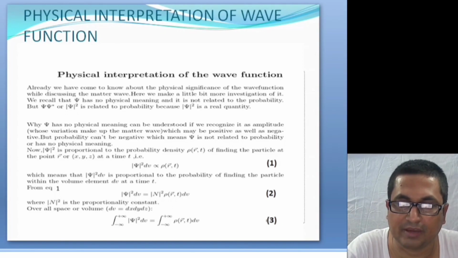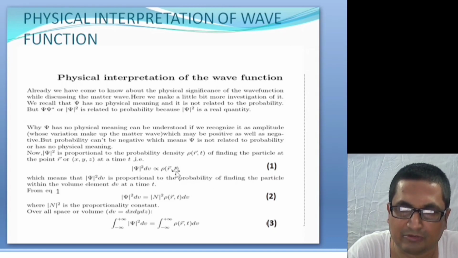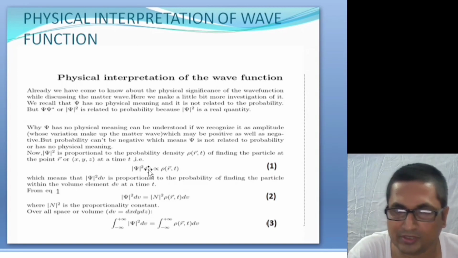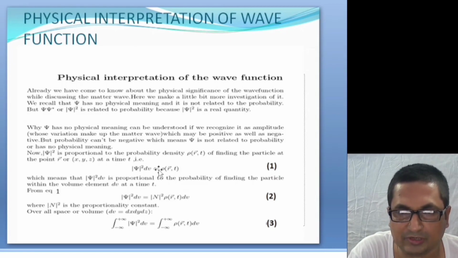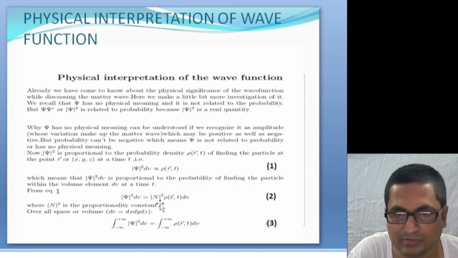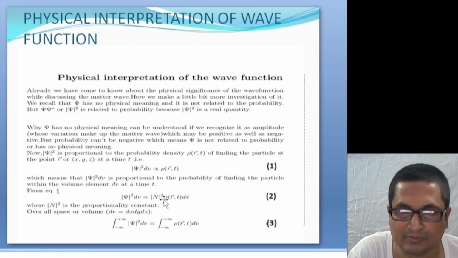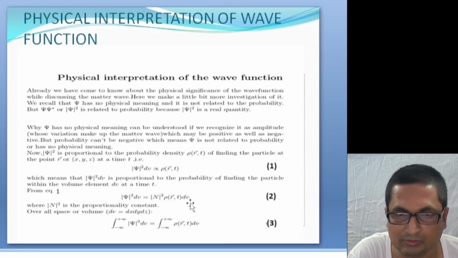So definitely we can now define what psi actually represents mathematically. If we consider equation 1, we see that this is nothing but the probability of finding a particle within the volume element dV. Now removing the proportionality sign, we put an equal sign here, and we find that |psi|^2 dV is equal to |N|^2 rho dV. Now this proportionality constant |N|^2 is simply the normalization constant, which we will take care of in the later course of time.